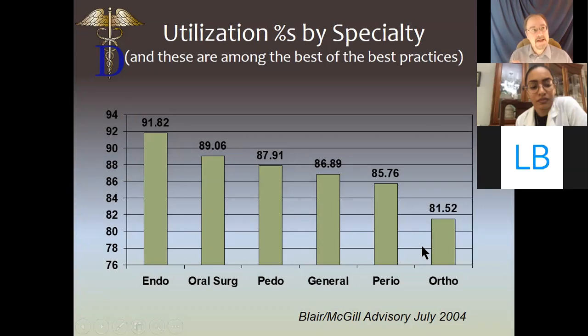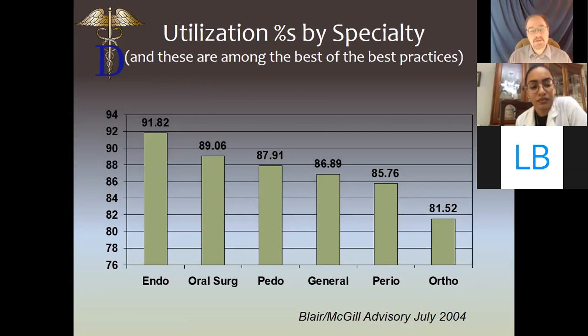This is a monthly newsletter that tracks all kinds of practice trends in the United States, and they survey their dentists once in a while. I don't think these numbers have changed that much since July of 2004, even though they're getting old. I also want to emphasize that this is a biased sample.